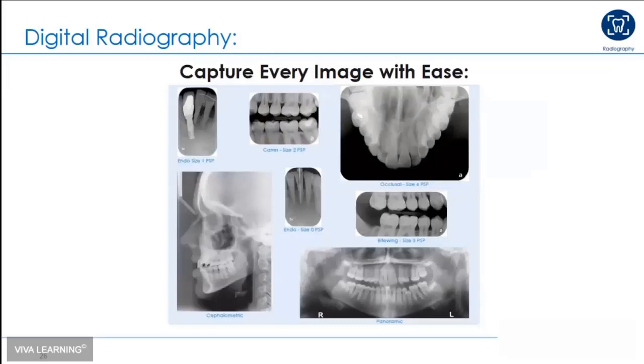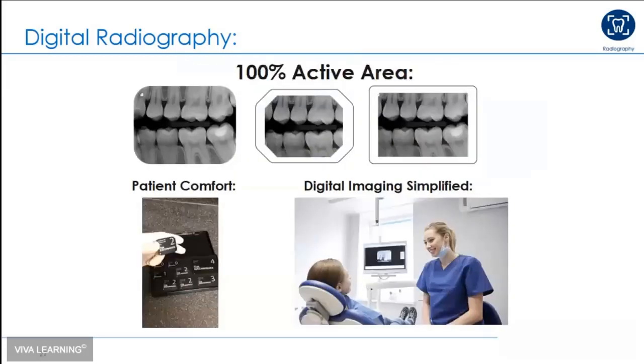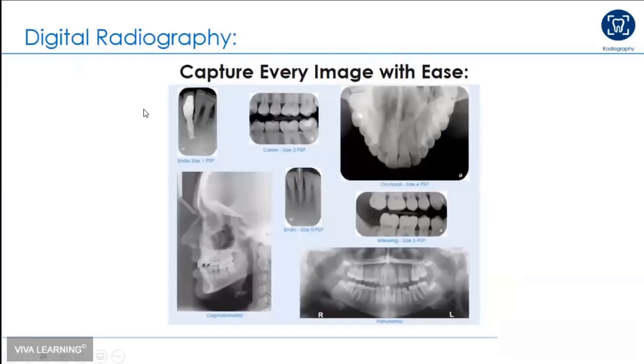And you can capture every image with ease, whether you're taking an endo size 1 film or even a size 2 film. This is a typical caries indicated bite wing that we would take. Here's your size 4 occlusal film. Nobody can do that with a rigid sensor. A size 3 is a long bite wing. I see this sometimes from periodontal offices.